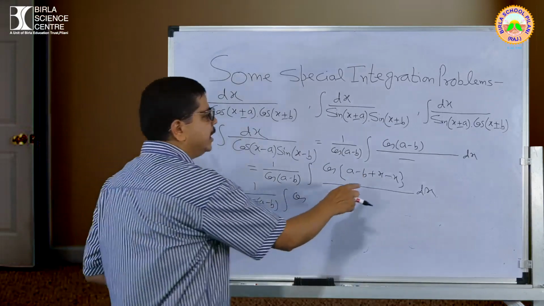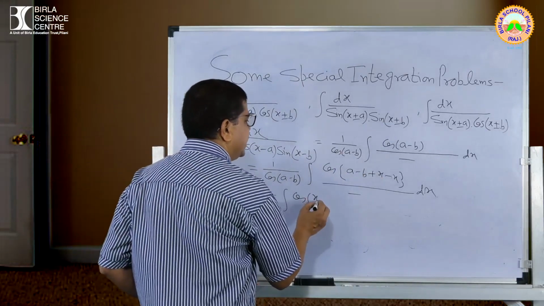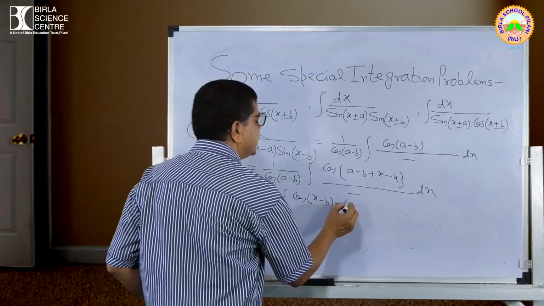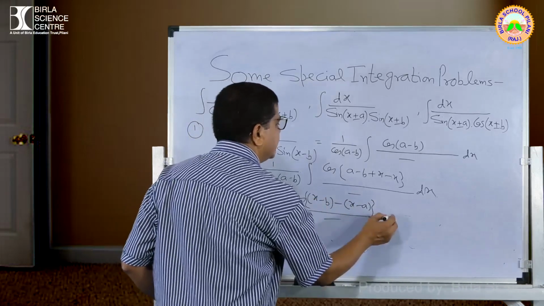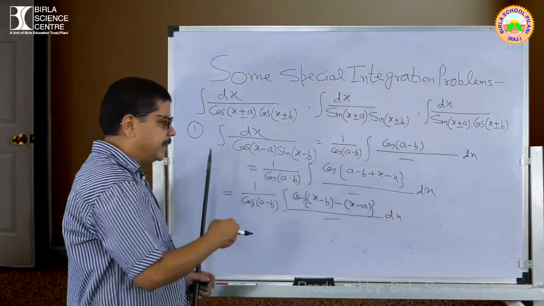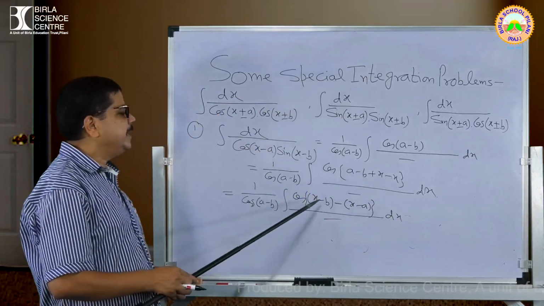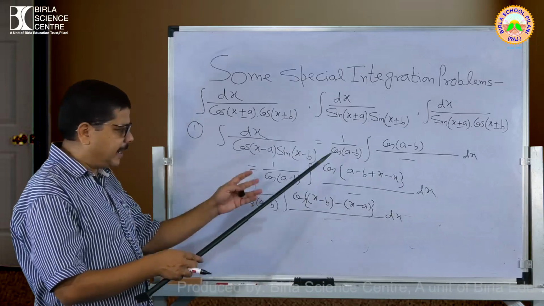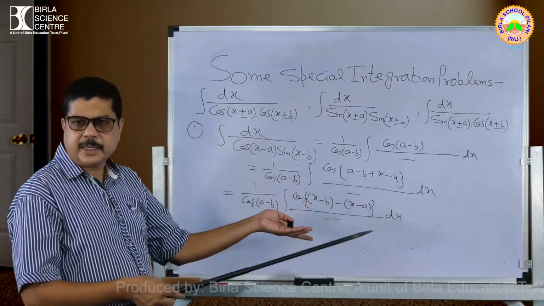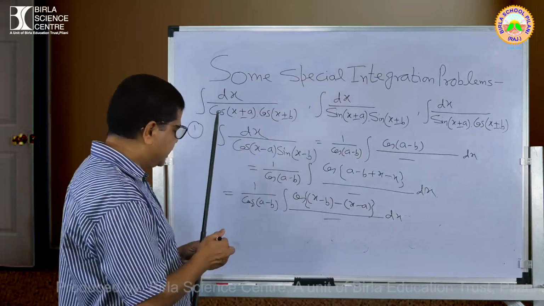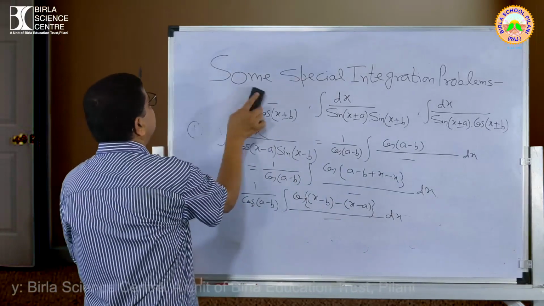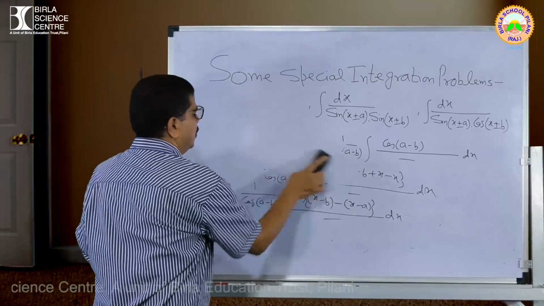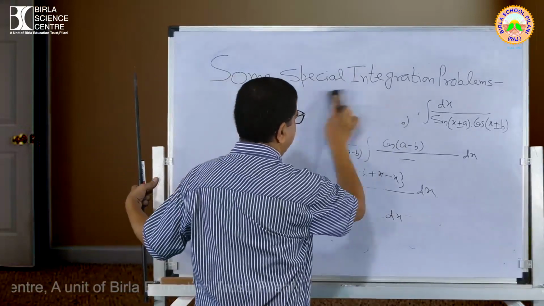So we will arrange the terms like (x minus b) minus (x minus a) upon this. And further, using the identity for cos(a minus b) and writing the first term upon the denominator minus or plus the second term upon the denominator, you will get the answer. So this type of problem we solve this way.